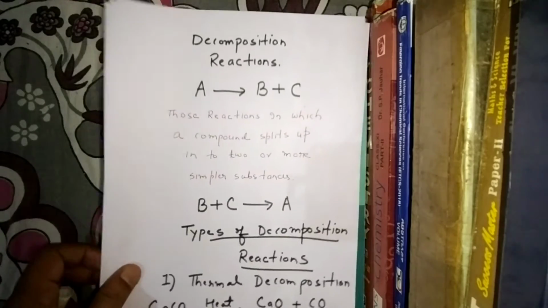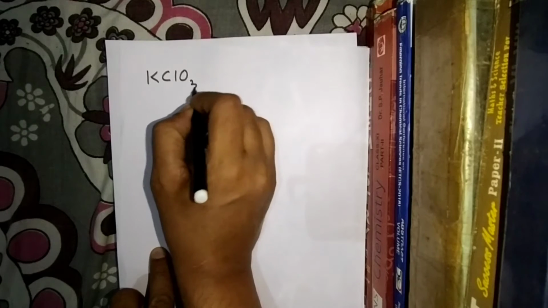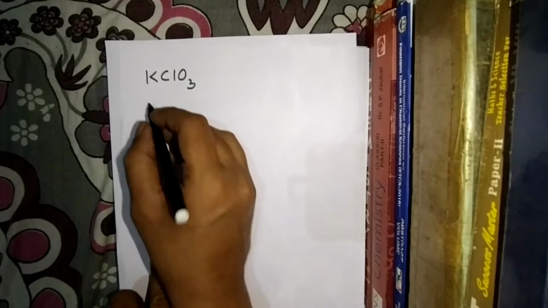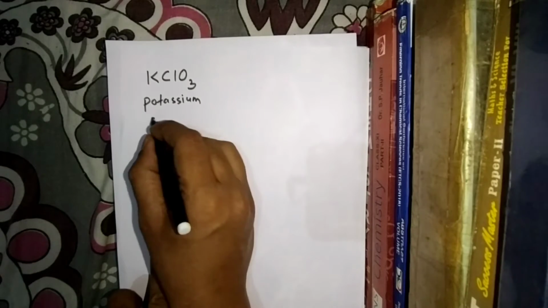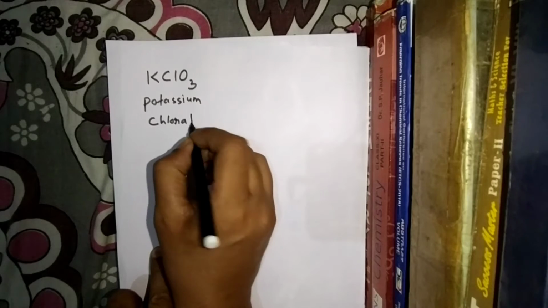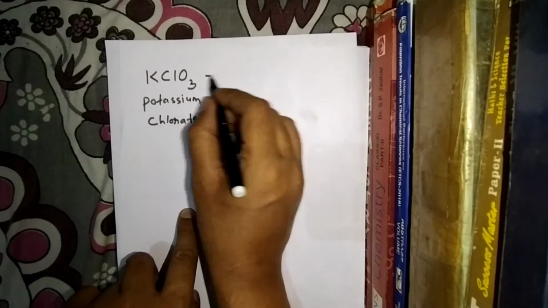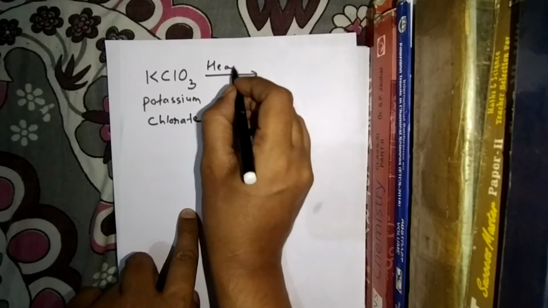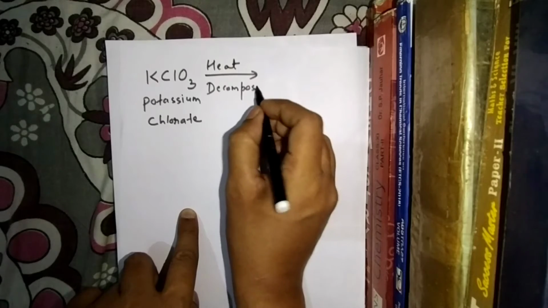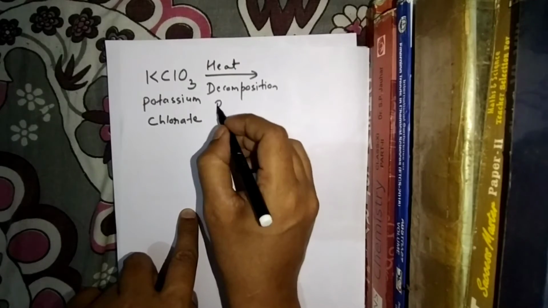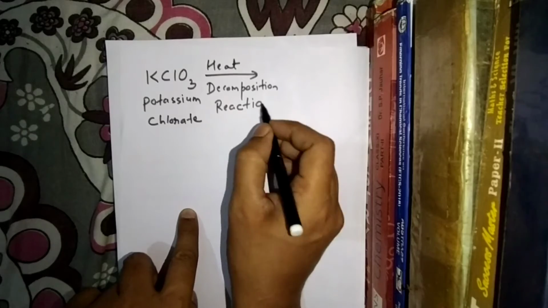Now we will study another example of thermal decomposition reactions quickly. Now we have this KClO3. This is your potassium chlorate. Now when potassium chlorate is heated, again it is a decomposition reaction.